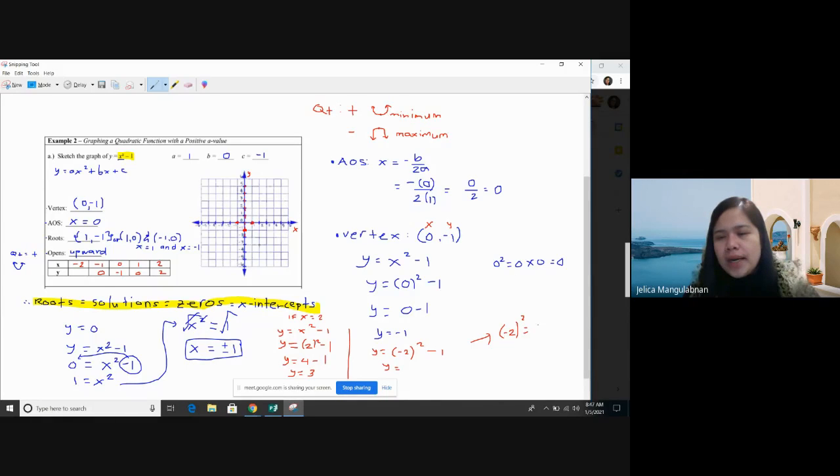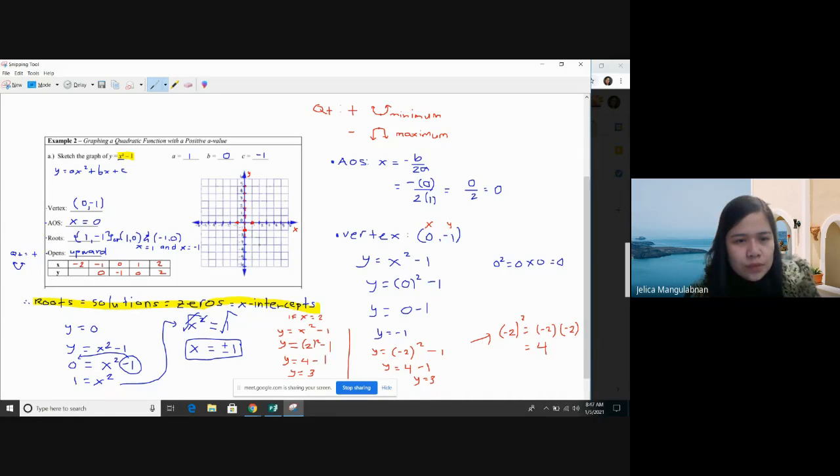Negative 2 squared is negative 2 times negative 2, not negative 2 times 2. Exponent tells you how many times you will multiply the base by itself. So negative 2 times negative 2 is positive 4. So negative 2 squared is 4 again, minus 1. So y is equal to 3.